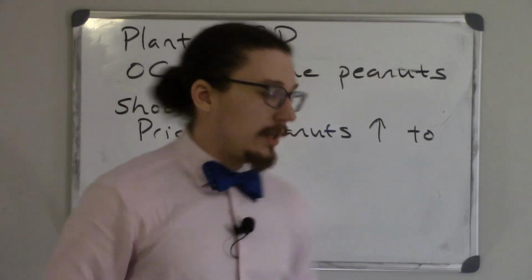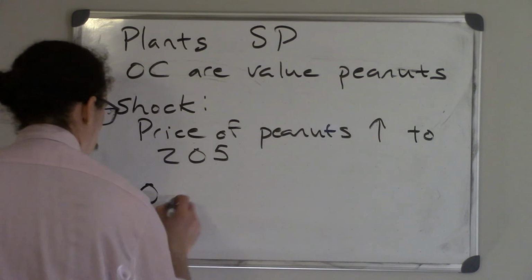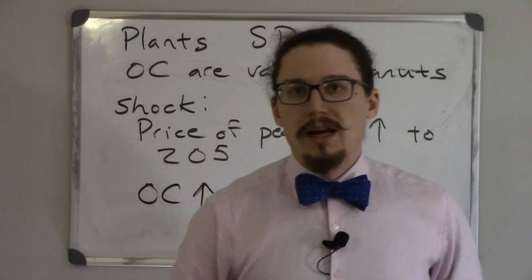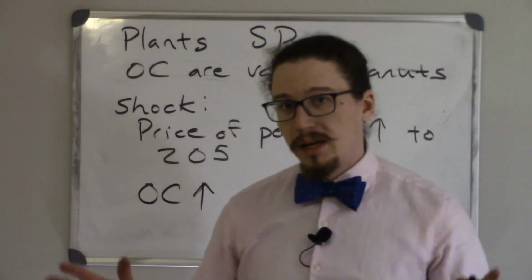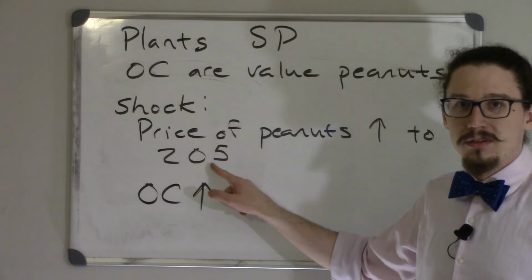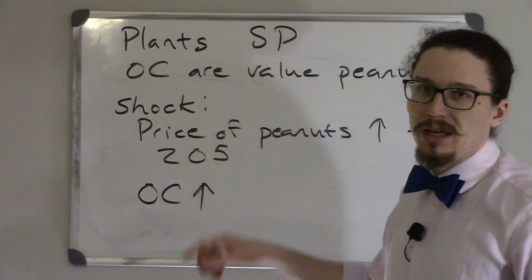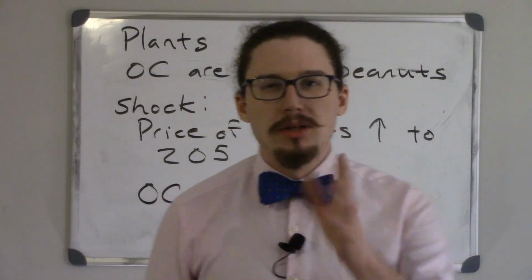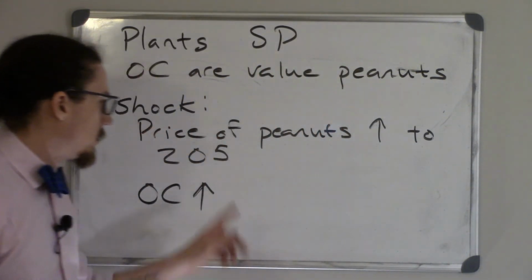Well, that is an increase in opportunity costs. Now again, if we're looking at the market as a whole, this doesn't need to surpass the value of the sweet potatoes. Actually, don't worry about that. Let's just stick with Farmer Brown.